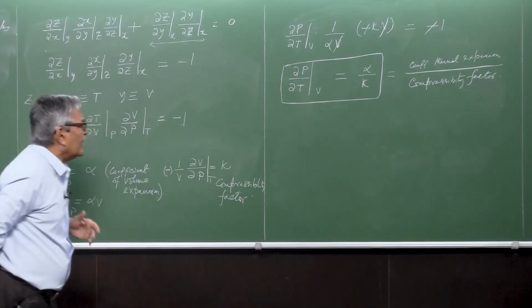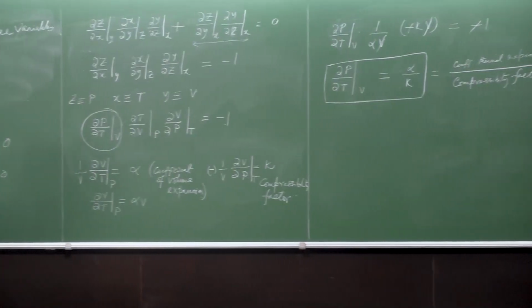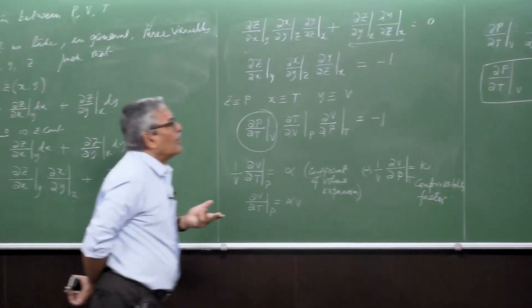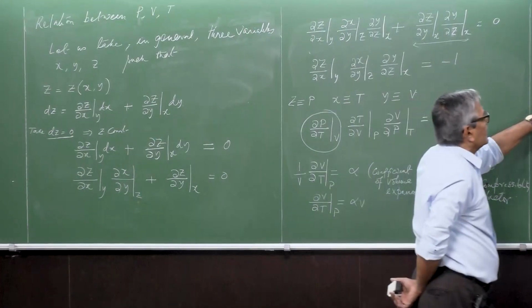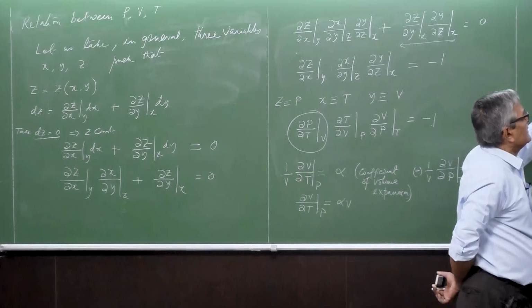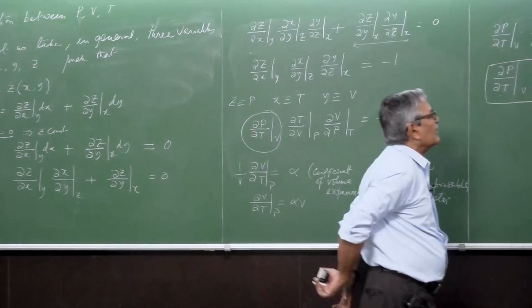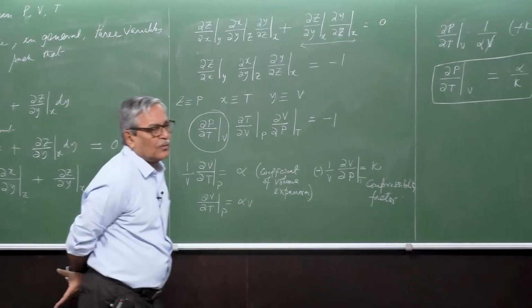So whenever we have the derivative of pressure with respect to temperature at constant volume, I can replace it by the ratio of these two quantities.